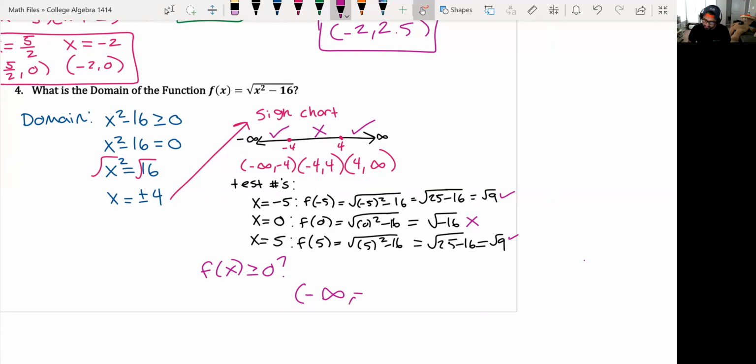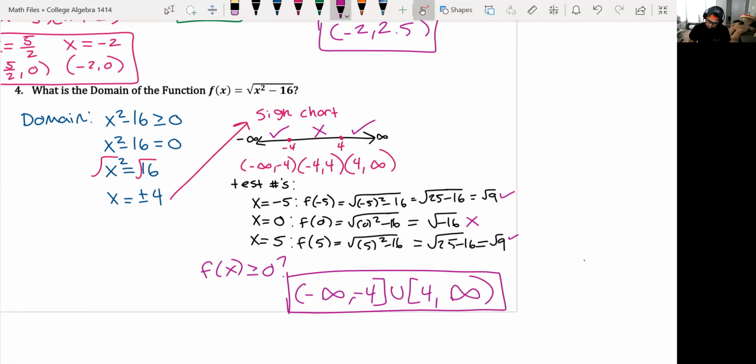So we'd have negative infinity, negative 4, bracket, union, and then we know no number will work from negative 4 to 4, which means we go to the last interval, we start again at 4 because 4 is on the x-axis, and head towards infinity. That's it.